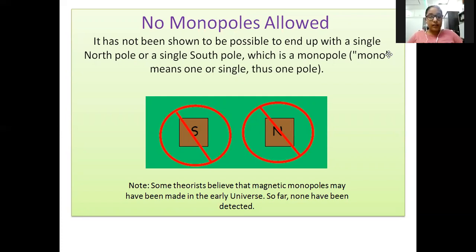If a bar magnet is broken into two pieces, each piece will have two poles, a south pole and a north pole. So remember that if we break a bar magnet into two pieces, each piece will have two poles, a south pole and a north pole. So the conclusion is no monopoles exist.